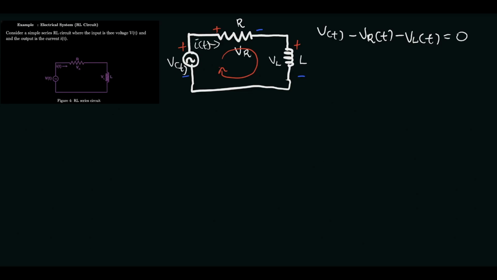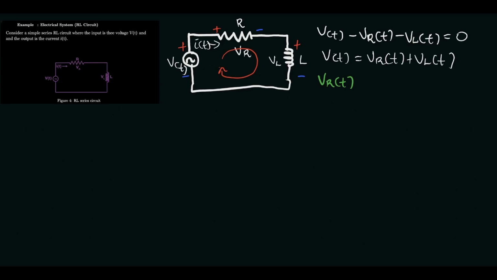Making V(t) the subject of the formula, V(t) will now be equal to VR(t) plus VL(t). Now you need to find the voltage of your resistor and the voltage of your inductor.